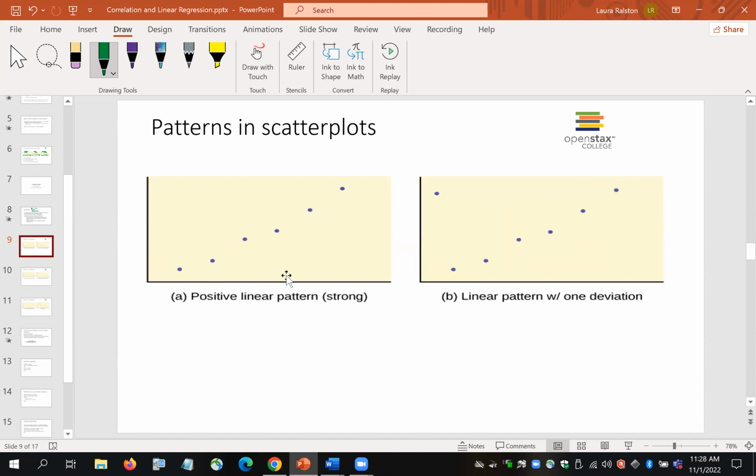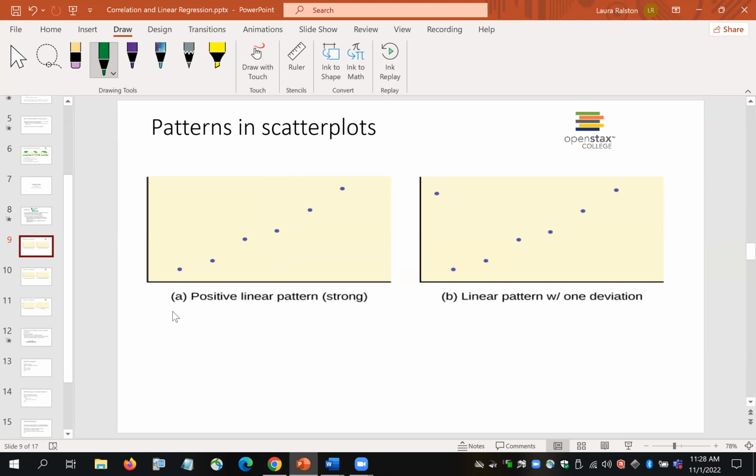So, for example, these are some different patterns you might see within scatter plots. This first one says you have a positive linear pattern, so that you would have what they call a strong correlation. Again, look at the dots, and as you move left to right, it does appear to go up. Okay, so that's why it's positive. And it appears almost like the dots are in a perfect straight line.